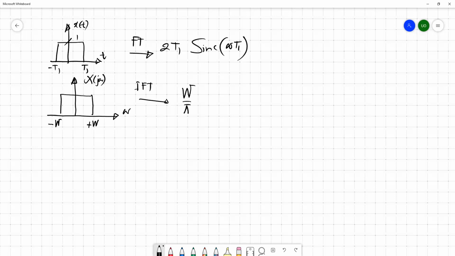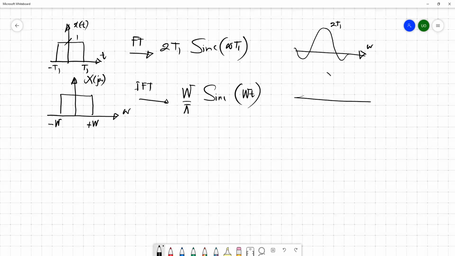In the very first example, we have a rectangular pulse in the time domain.